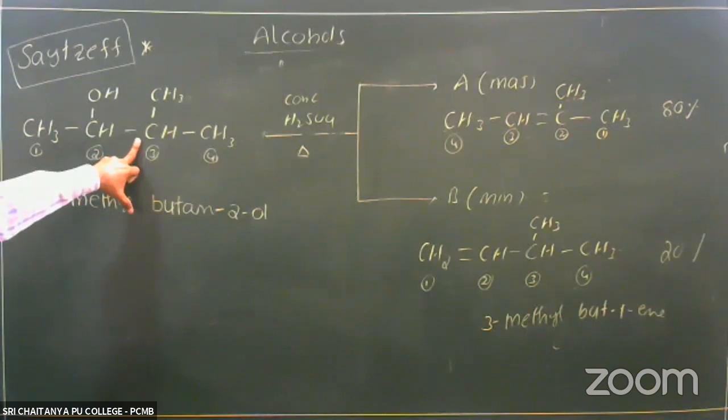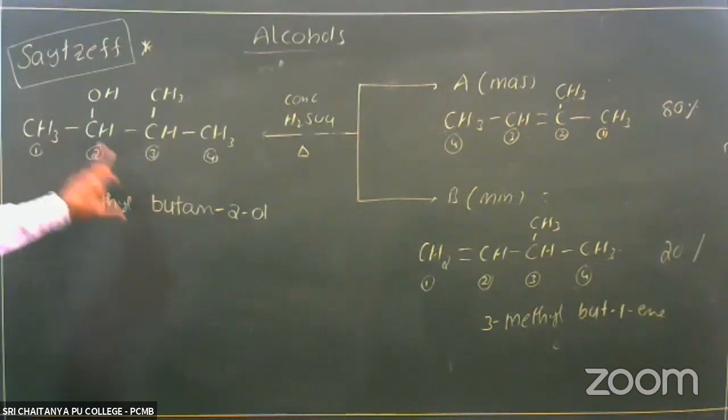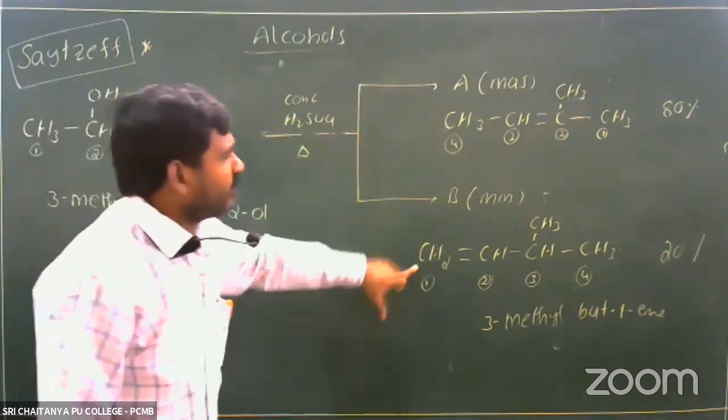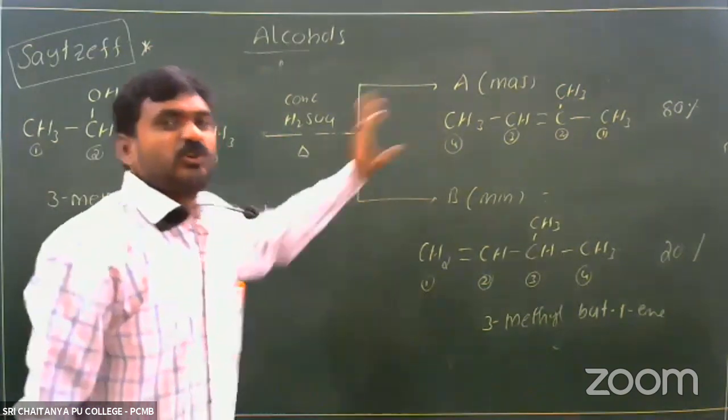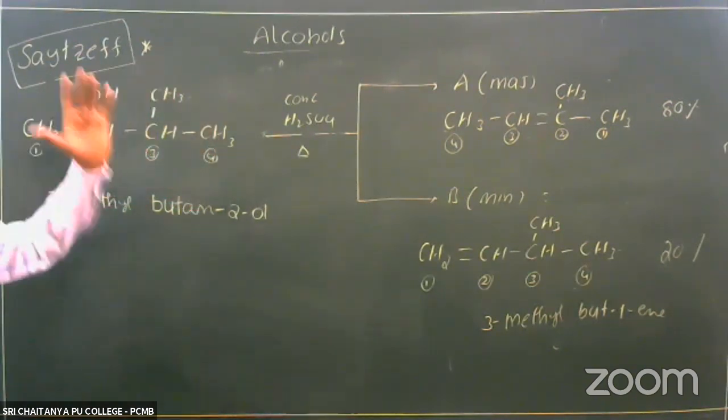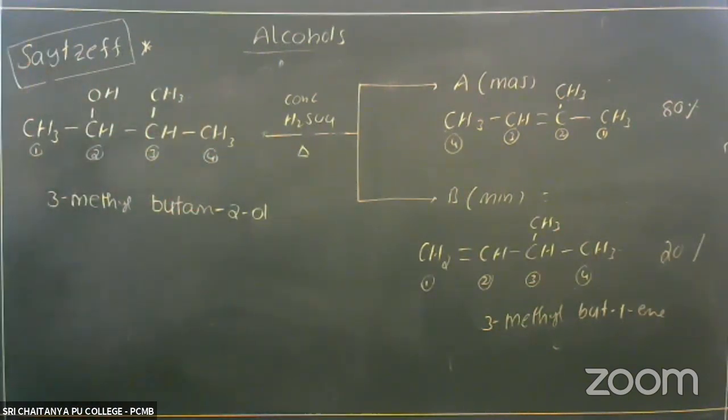In the other, this OH and this H are involved in dehydration, so this product is formed. The major product is formed according to Saytzeff's rule.